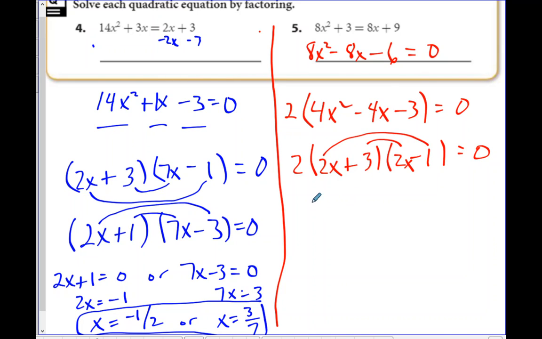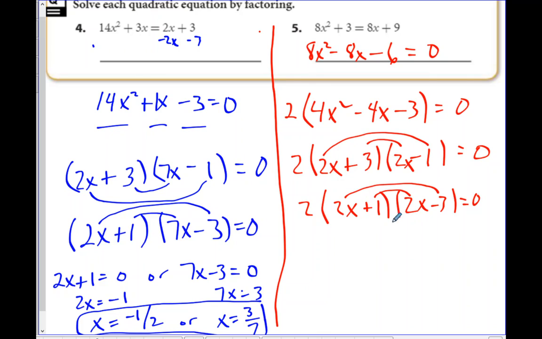So let's just try switching them and see if that'll turn it into negative 4. So I'm just going to switch the 1 and the 3, and now do you see 3 times negative 2x gives you the negative 6x, and then this gives you plus 2x. So now that's going to give you the minus 4x that you need.